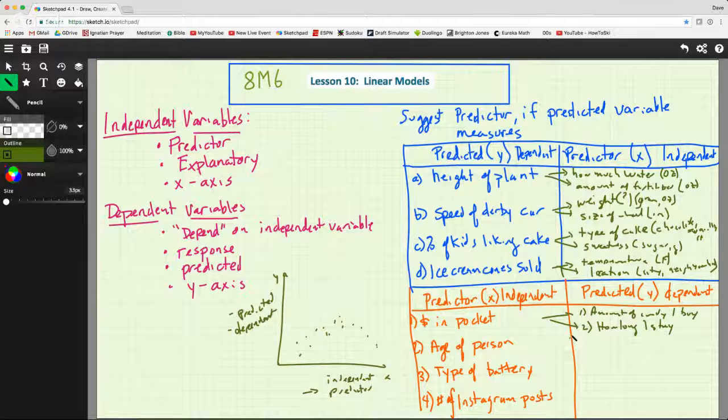Okay, the age of a person. These are just some things it could affect. There are a million different answers. I'm just coming up with 2 of them so you can understand. The age of a person might affect how fast they are. We can make a scatter plot. Maybe you get faster and then you get slower.